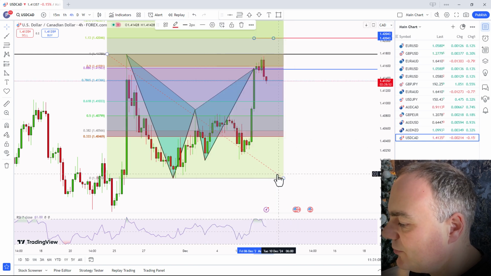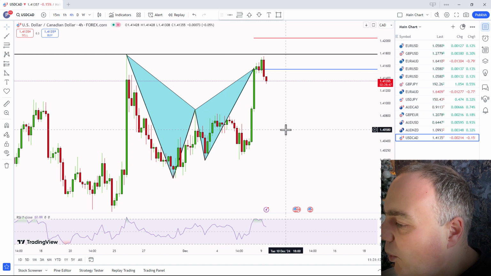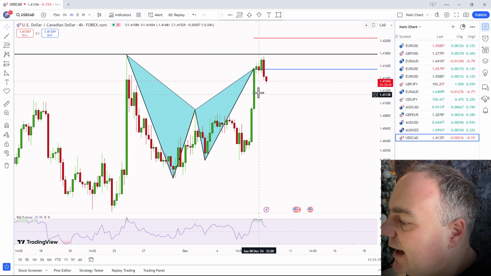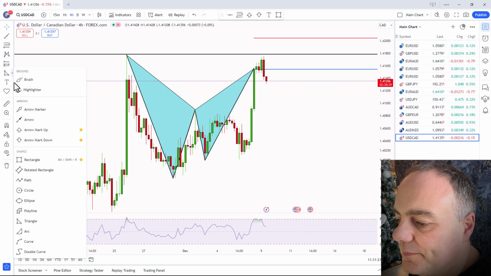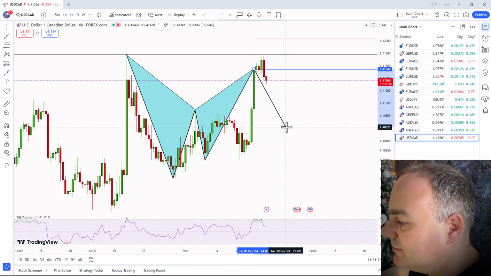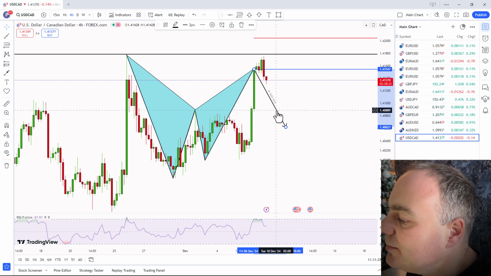Okay, so the reason I want to draw attention to this is that the patterns can be more than just the patterns, as in D completion point, aggressively, in this case sell, and play for this move here, the subsequent reversal at the D completion point.